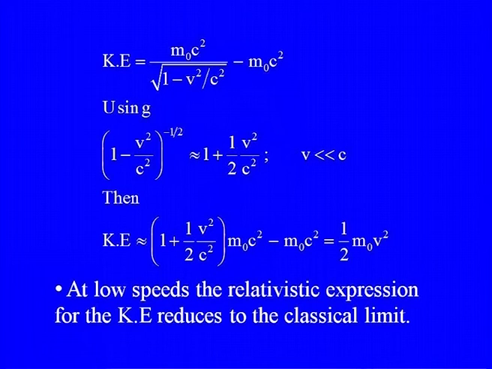So indeed, since the mass of the body does not change in non-relativistic classical physics, it is half mv squared, with m being the rest mass of the body. So we do see that it reduces to the classical limit at low speeds.